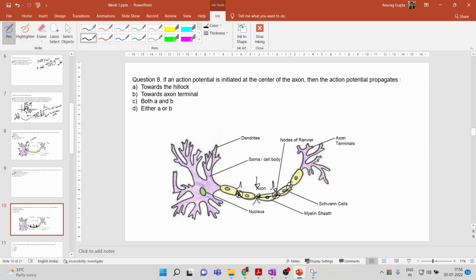So the action potential is generated here, and it cannot be generated again here. Similarly for this, an action potential is generated here. So the answer is the action potential moves towards the axon terminal as well as the hillock. So I think you got the concept right. The answer is both A as well as B.